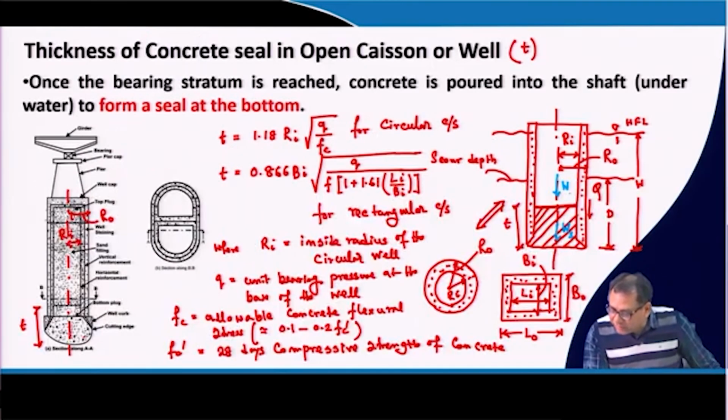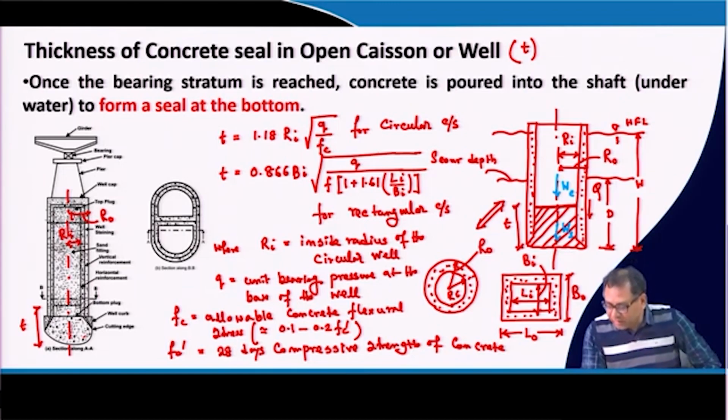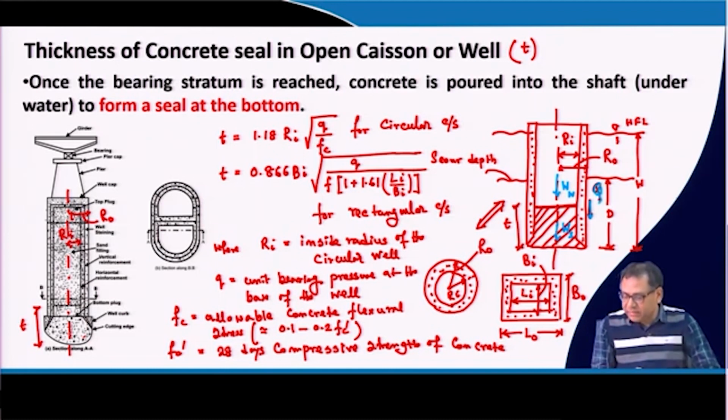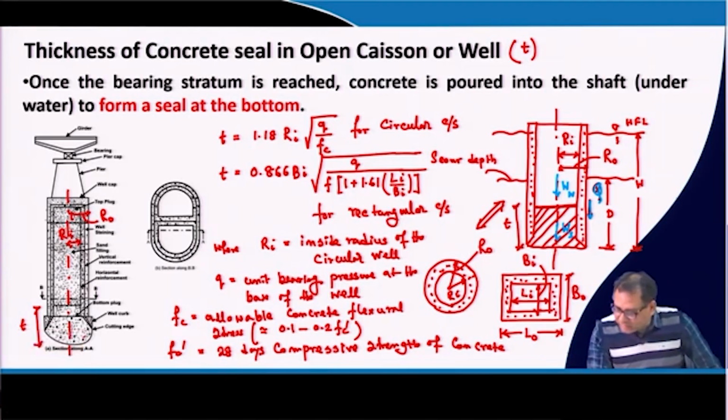So I should write the weight of the well, or WW. These three forces will act in the downward direction, and the force due to the buoyancy, Fu, will act in the upward direction.